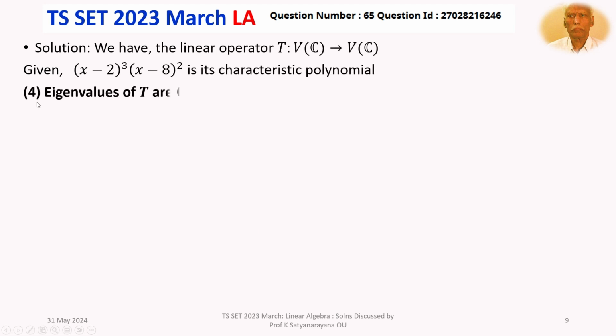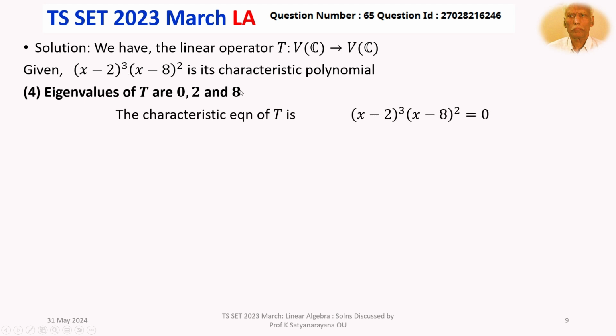Let us take option 4. The eigenvalues of T are 0, 2 and 8. We know the characteristic polynomial, therefore its characteristic equation is x minus 2 whole cube into x minus 8 whole square is equal to 0. What are the eigenvalues? The eigenvalues are 2 and 8.